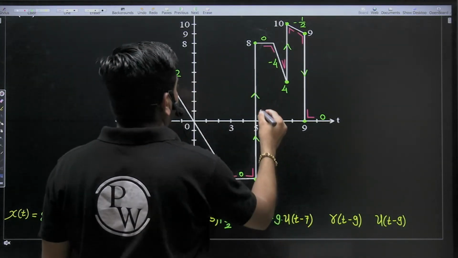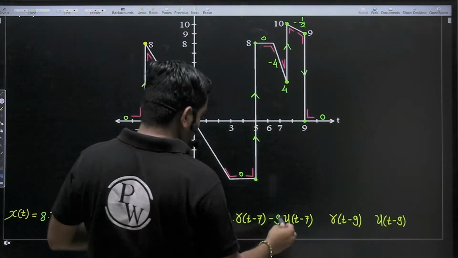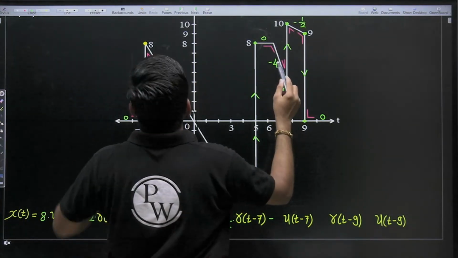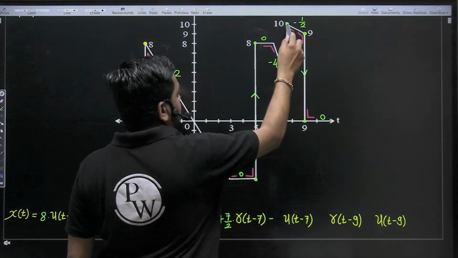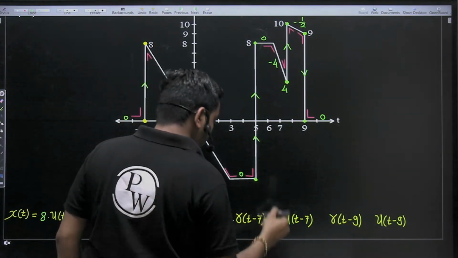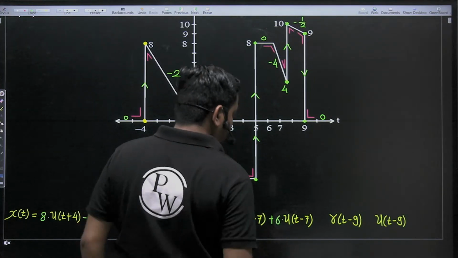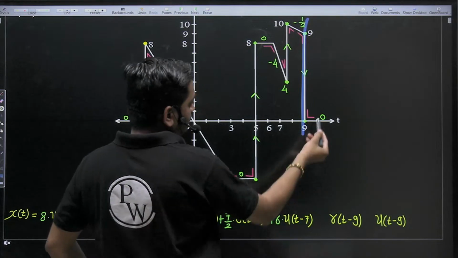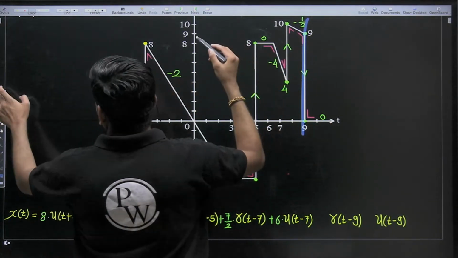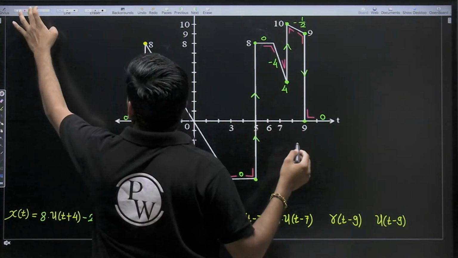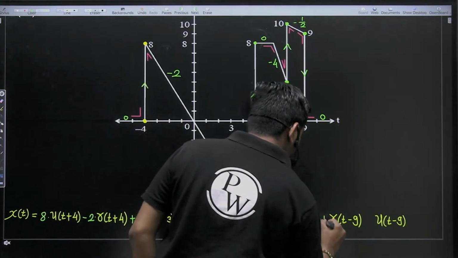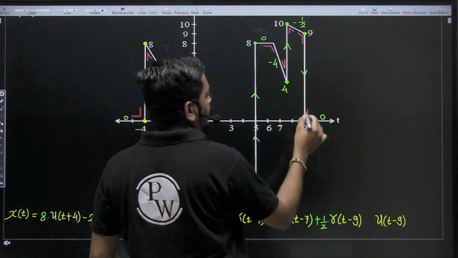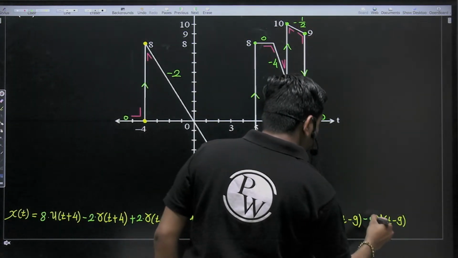Sorry, at t equal to 7, my mistake: at t equal to 7, sudden change in amplitude from 4 to 10, so next amplitude minus previous amplitude, 10 minus 4, so here it is plus 6. And here the ramp signal, so next slope minus previous slope, 0 minus 1 by 2 is plus 1 by 2, and here a sudden change in amplitude from 9 to 0, so 0 minus 9, it is minus 9.